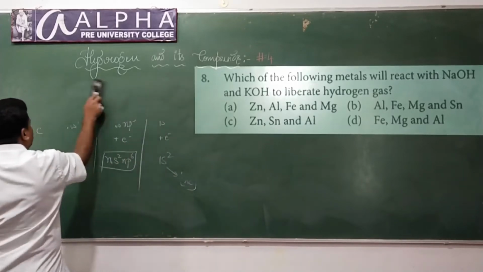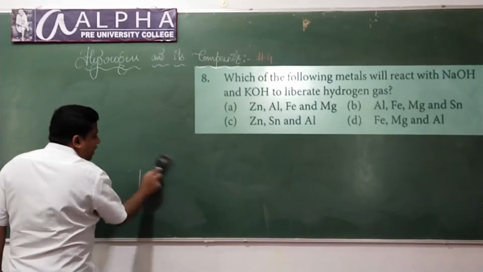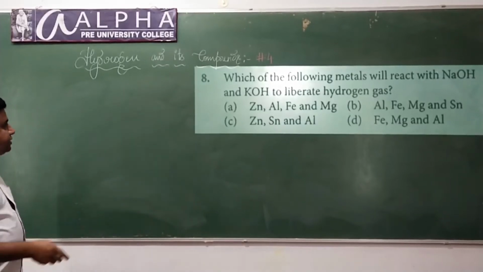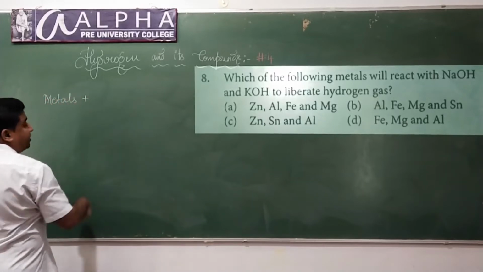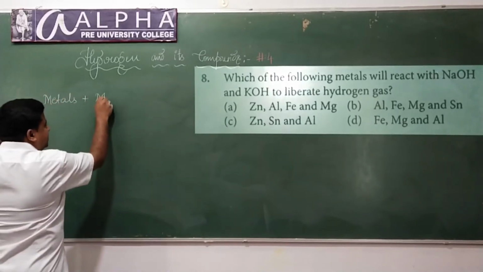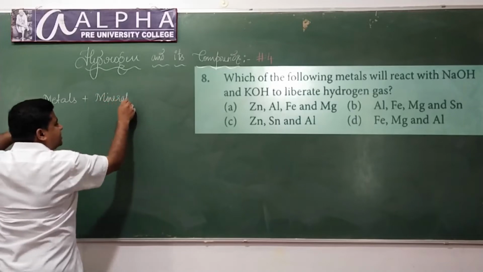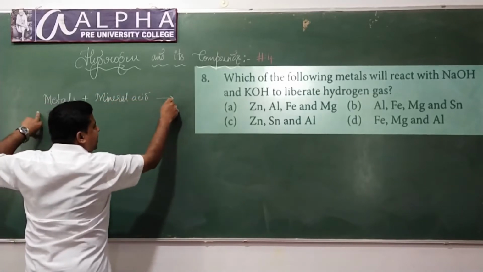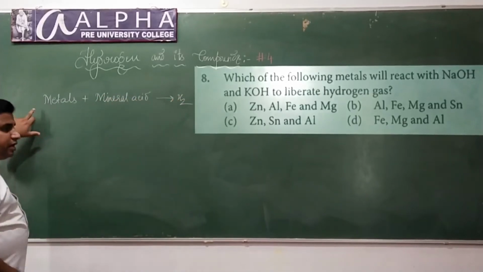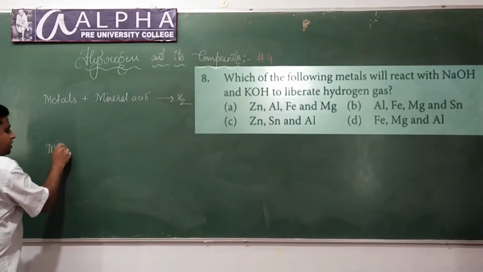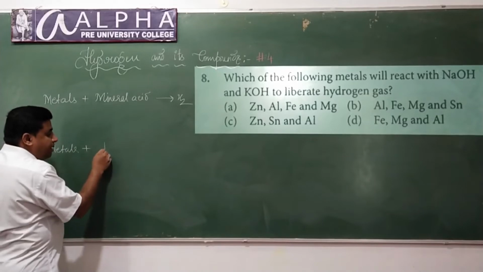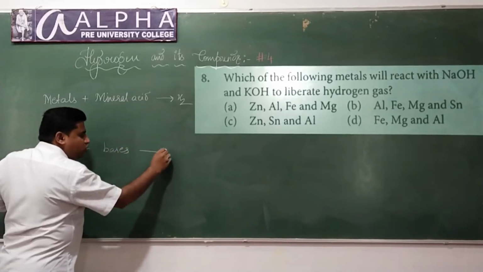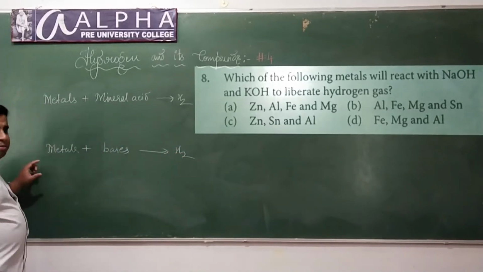I told you that metals, when they react with mineral acids, liberate hydrogen gas. Similarly, if metals react with bases, in this case also they liberate hydrogen gas. But there is a condition.